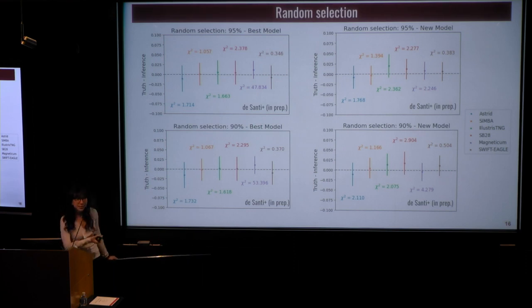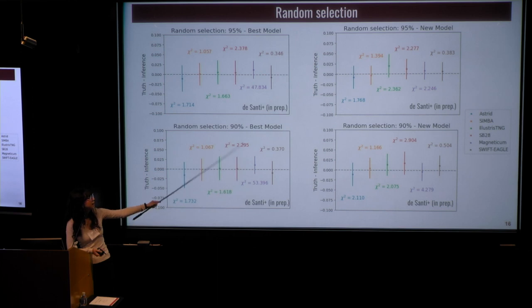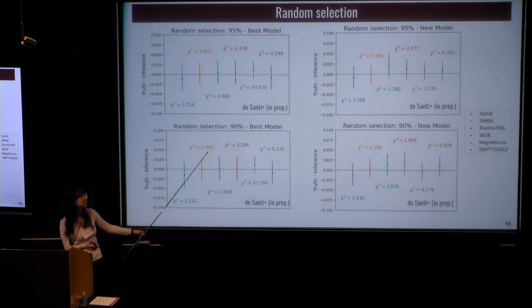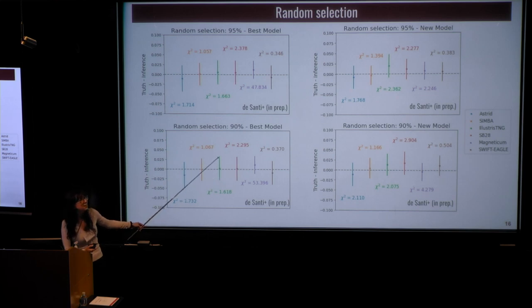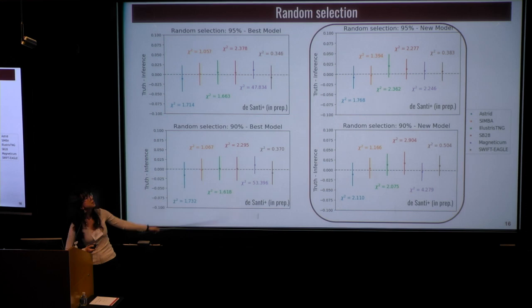So you can see that our best model trained with all the galaxies kind of works, considering this removal of 5 or 10% of the galaxies. However, one more time, when we retrain the model considering these new catalogs where we remove these galaxies, these models are better. And especially, this is even worse for Magneticum, but when we retrain the model, the results are better.